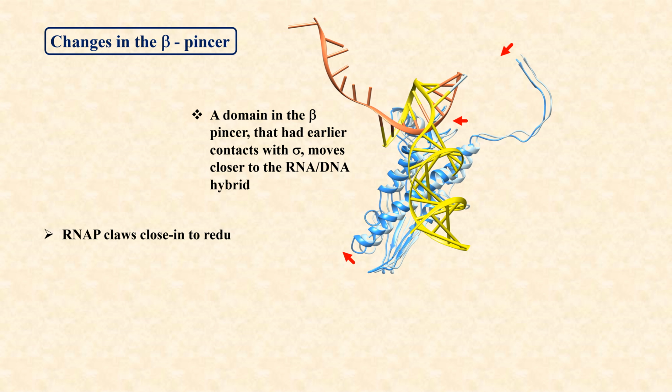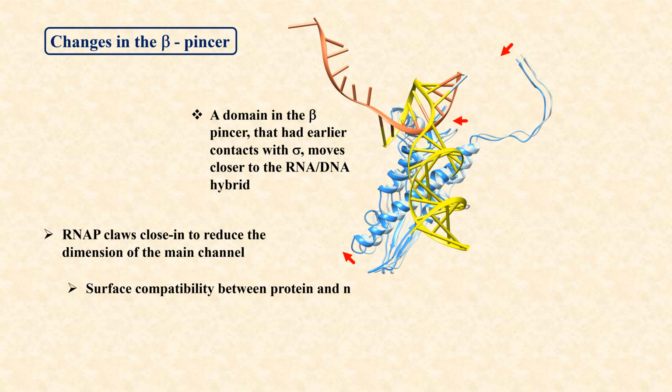With all these movements, the RNA polymerase closes in to reduce the dimension of the main channel. The surface compatibility between the protein and the nucleic acid is established, and thereby stability and processivity of the elongation complex are ensured.